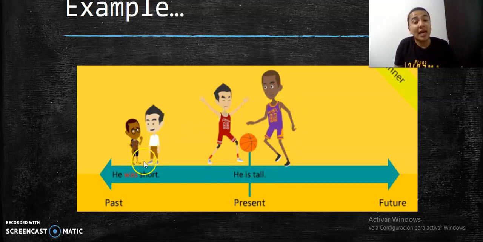However, in the past, he was short, meaning bajo. Right here we can see this is Lucas and this is John. So as you can see, Lucas was smaller than John. However, in the present, he is taller than him. Okay? So that's an example for you to contextualize about it.